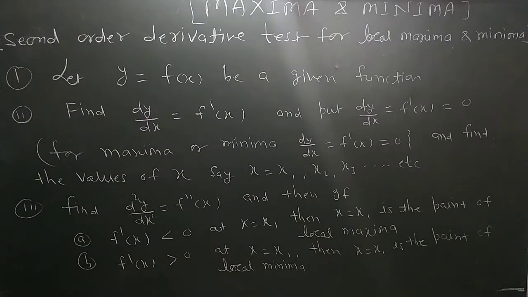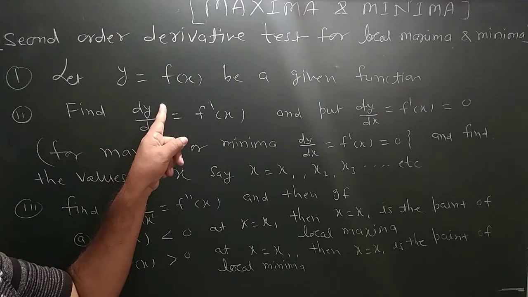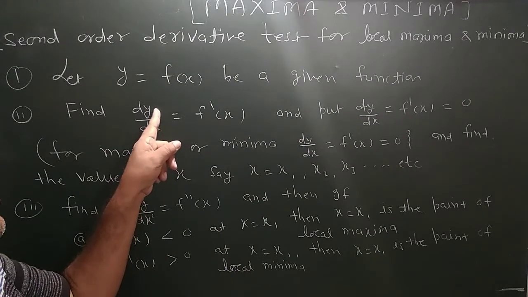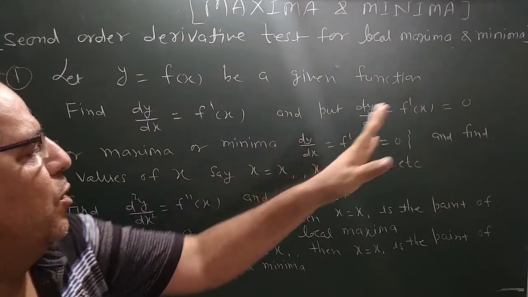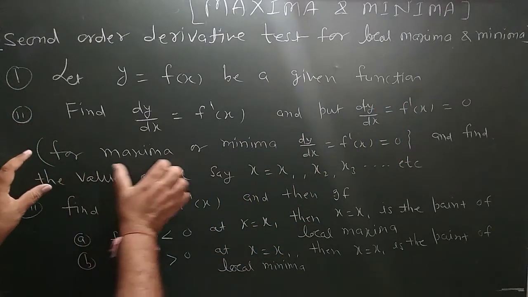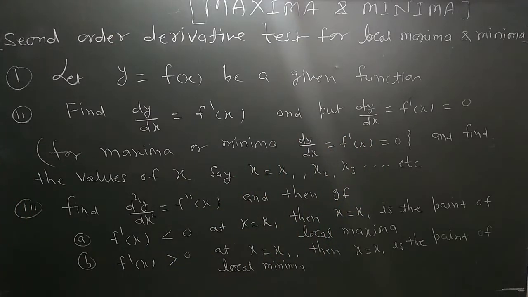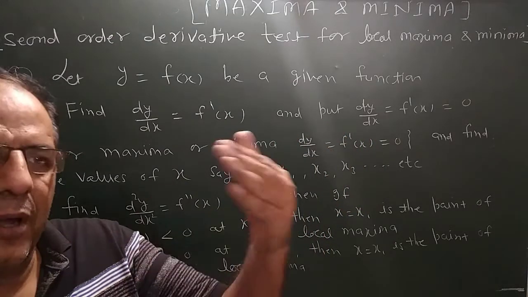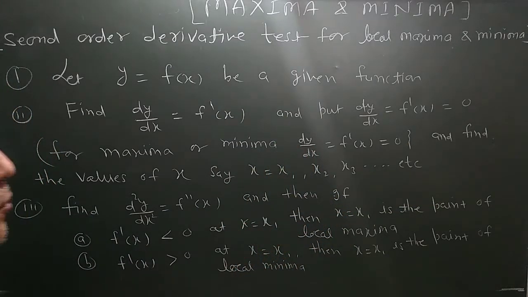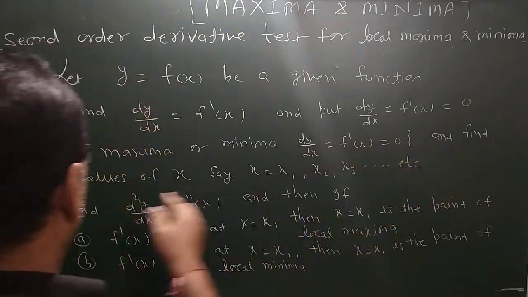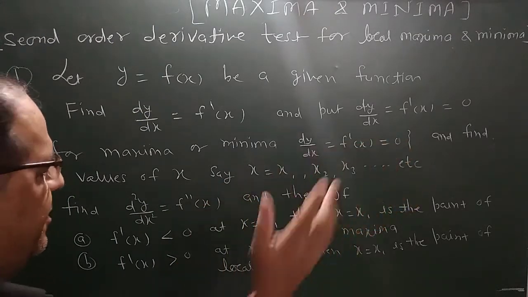I am repeating again, y equal to f(x) be a given function. First we find the derivative dy over dx or f dash x and put it equal to 0, because at the point of maxima or minima, dy over dx is always 0, since the tangent at the point of maxima or minima is parallel to the x-axis. After this, we have the different values of x, which we rename x1, x2, x3, etc.